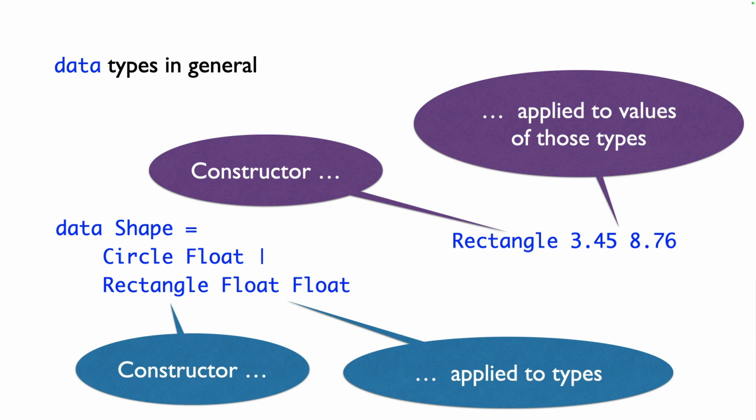Those constructors take arguments of particular types, which are described in the type definition, and then values of the type are constructed by applying the constructor to values of the types that the constructor expects to be applied to. So when you see Rectangle Float Float in the definition of the type, you would expect to see Rectangle 3.4 8.7 in the data, for example.